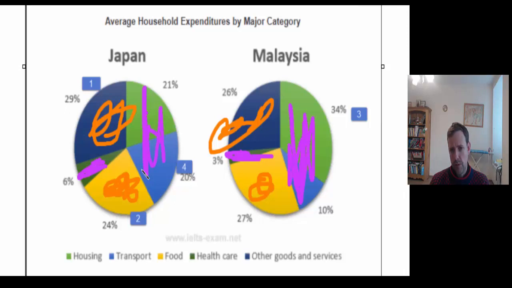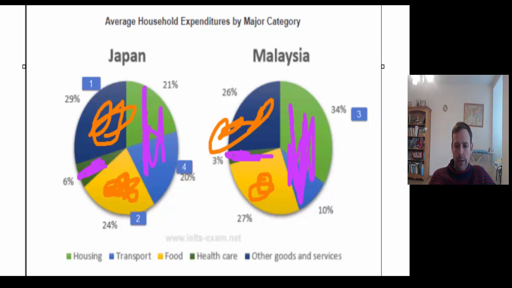Talking about Malaysia there, you could say that there was a stark contrast between the amount of money spent on housing and that spent on transport. So when you start comparing and contrasting, you can use these words like significant difference, stark contrast, roughly equal, barely perceptible difference. You can start using a lot more language when you start comparing and contrasting those.